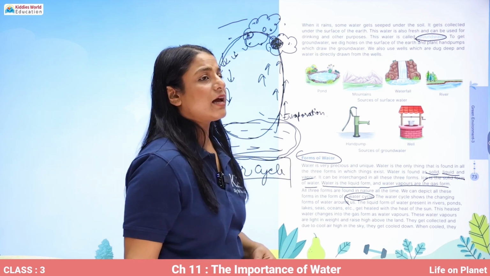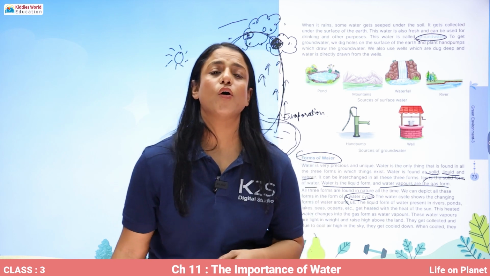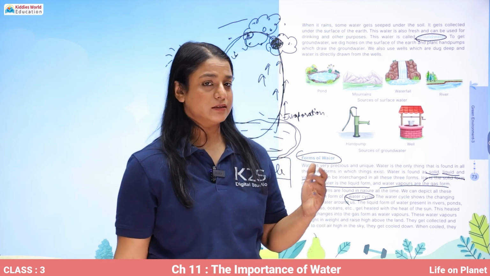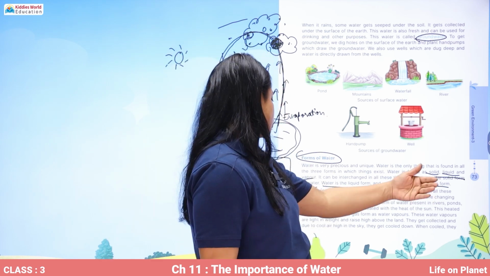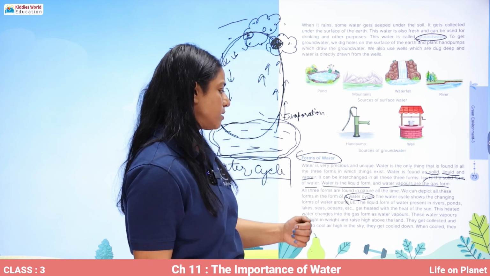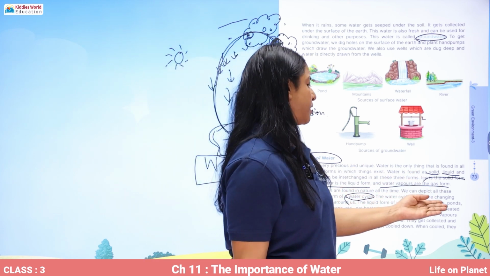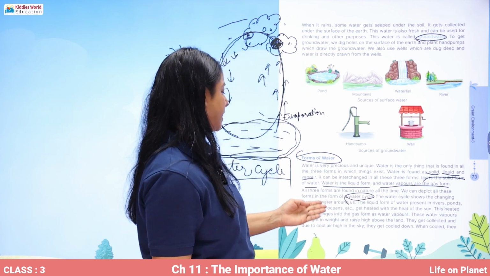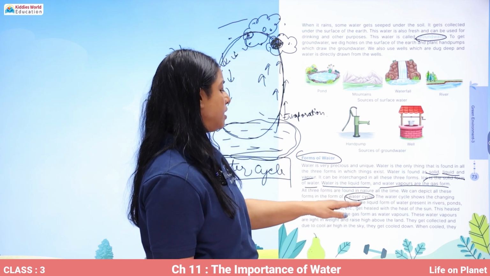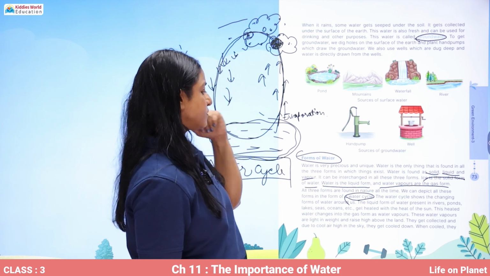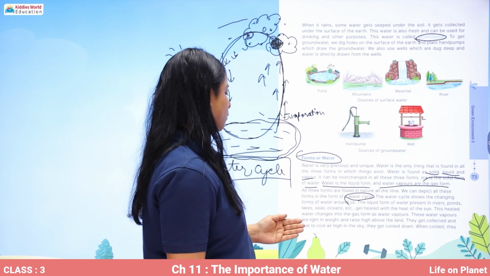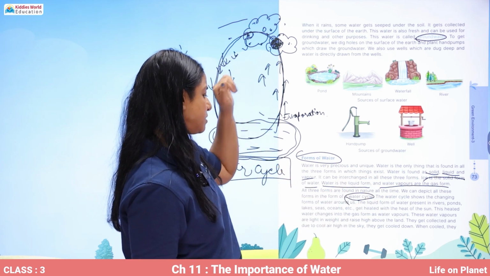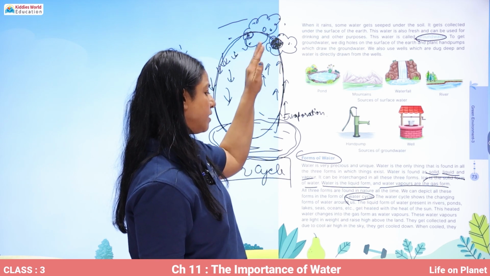So this water cycle is responsible for rain on earth. The water cycle shows the changing forms of water around us. The liquid form of water present in rivers, ponds, lakes, seas, oceans, etc. gets heated with the heat of the sun, and this heated water changes into gas form as water vapors.